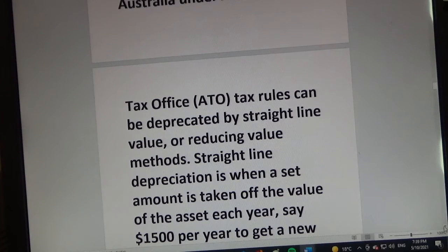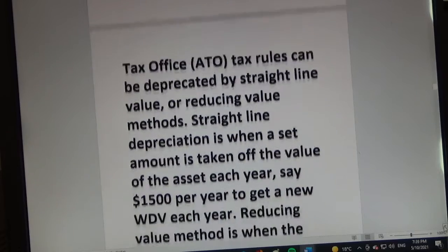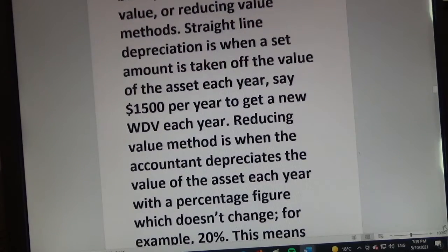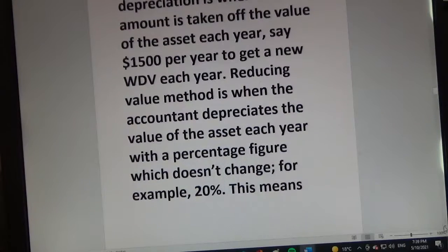So you could have some assets depreciated by the straight line method, and some by reducing value. Straight line depreciation is when a set amount is taken off the value of the asset each year, say $1,500 per year, to get a new written down value figure each year.